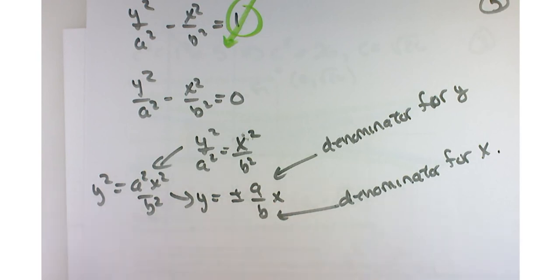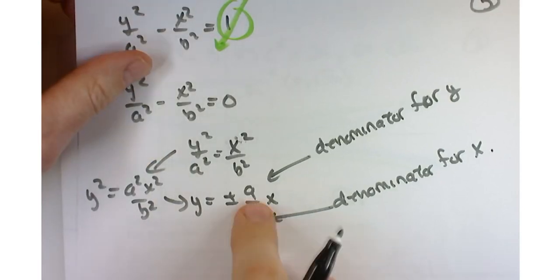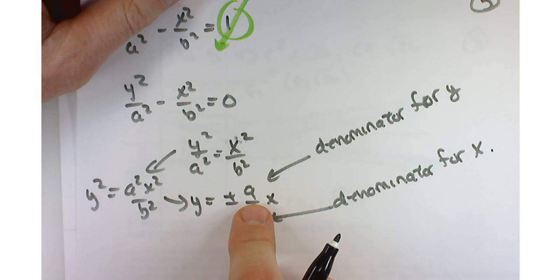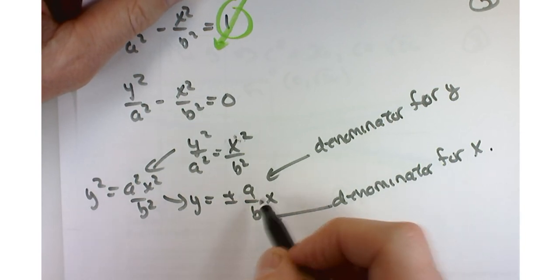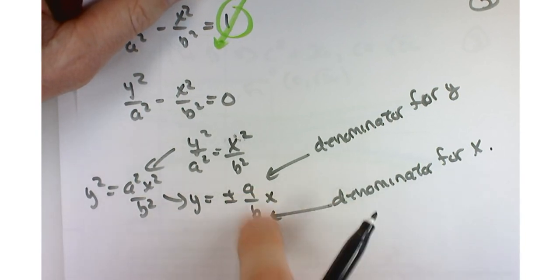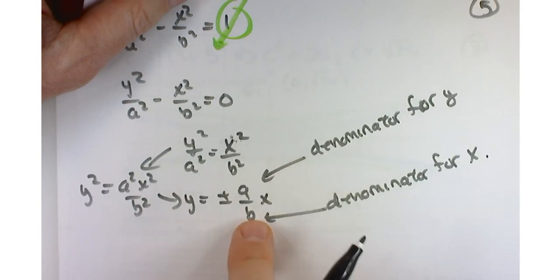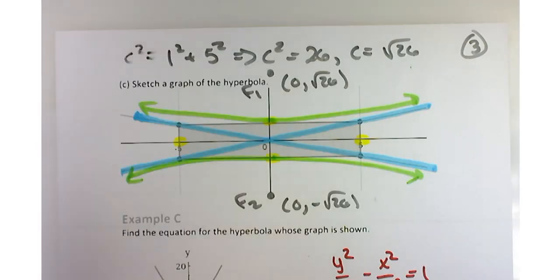That's the equation of your asymptotes. So it's a bit of a shortcut in deriving those things, but it's nice to have this around when you have to work things in a backwards direction. Keep in mind that the numerator of this ratio is going to be the denominator for y, and the denominator is just the denominator for x. So we'll use that coming up.